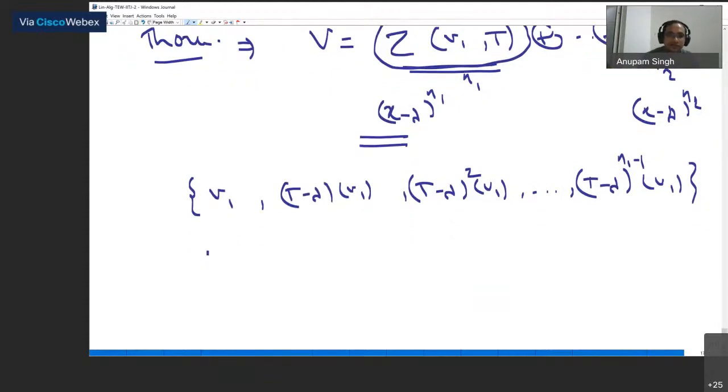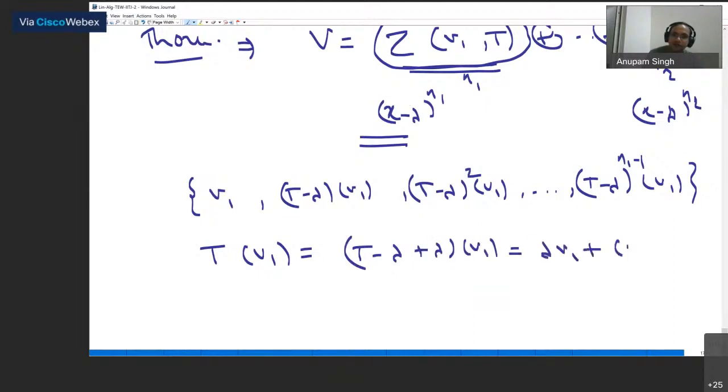So t of v1, but t of v1 is not a vector here. So I have to write it as a combination of these vectors. What I do is I write t minus lambda plus lambda of v1, and this will be lambda v1 plus t minus lambda v1.